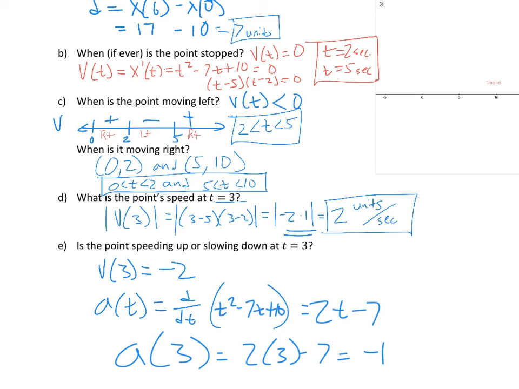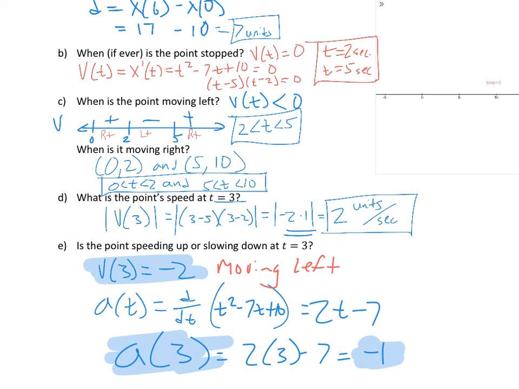So what's going on? We have a velocity of negative 2 and an acceleration of negative 1. Well, does that mean that it's slowing down? Because negative acceleration seems like it's slowing down. Well, we've got to be careful there. This is moving left.